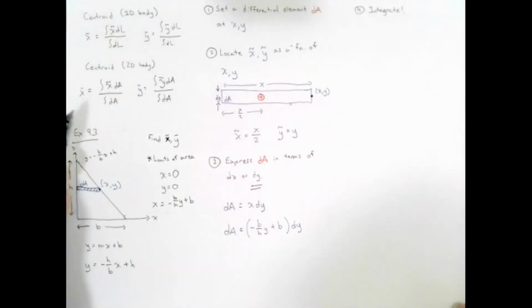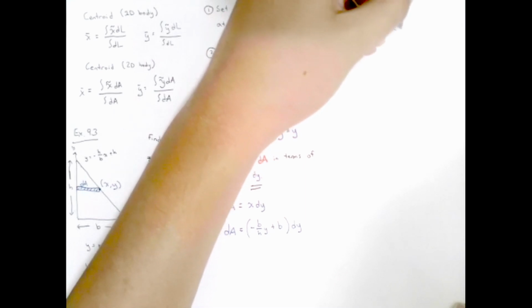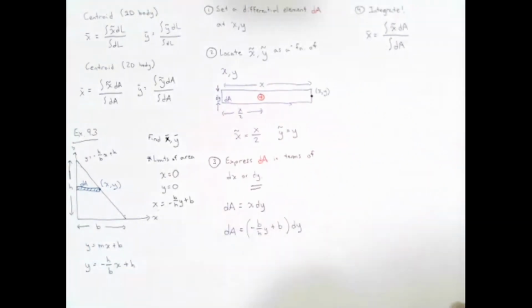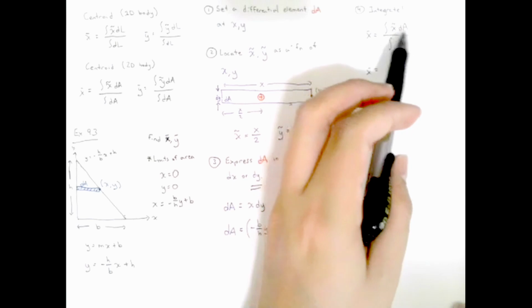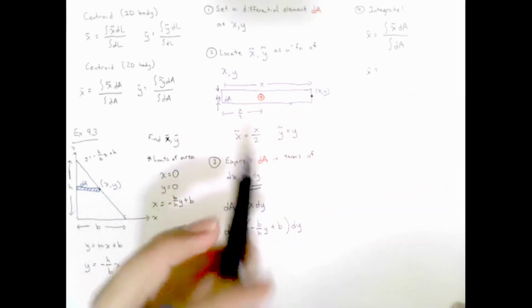When we integrate, we know that we're going to integrate for the x coordinate of the centroid. This will be equal to this integral. So I'm just going to write it down here. And let's see what form this integral takes. I have the integral of x tilde dA, but I already know that x tilde equals x over 2.